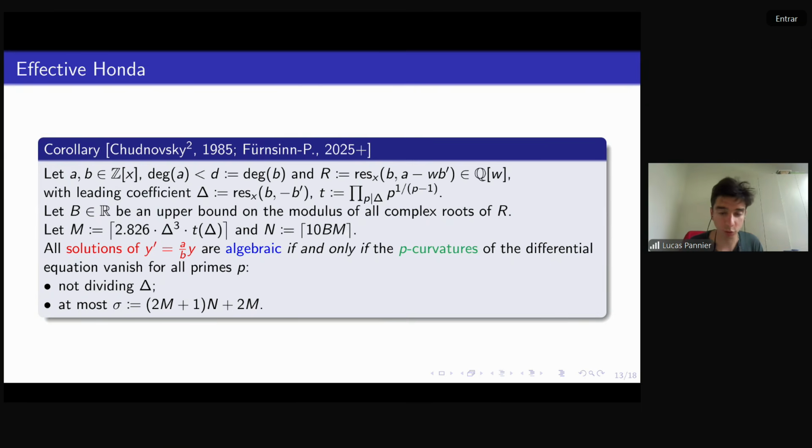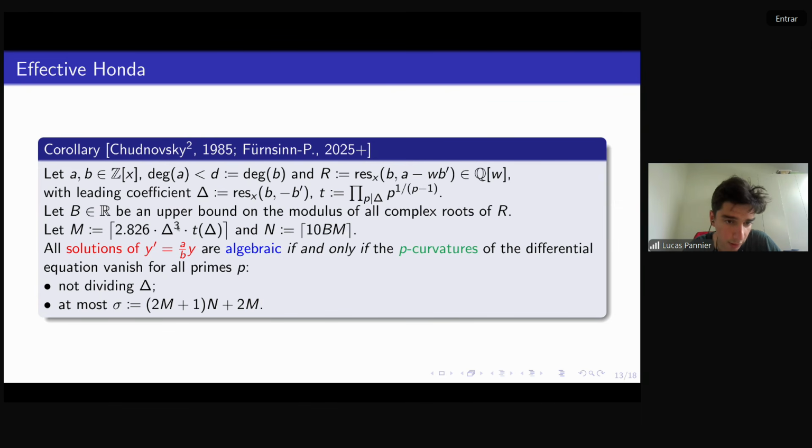Yes, thank you for your question. I think it is related to the coefficients of the polynomials A and B on the one hand, but also to other parameters. I think the main thing really comes from this delta. This delta is the leading coefficient of the Stein-Prager resultant, and it is equal to the resultant of B and B prime. This is really what makes everything grow.